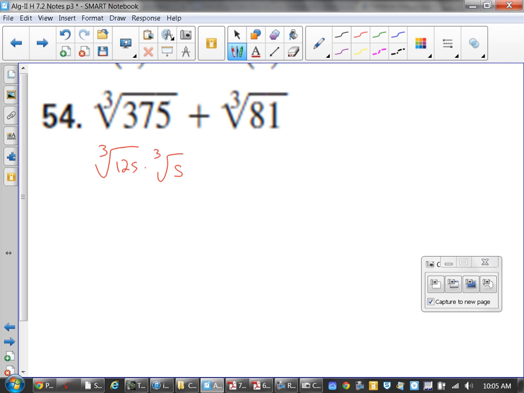Excuse me, the other one is the cube root of 27 times the cube root of 3? Yeah. What do you think about that? I'm simplifying the roots to get the same base. What's the cube root of 125? 5. What's the cube root of 27? 3. What's 5 plus 3? 8.